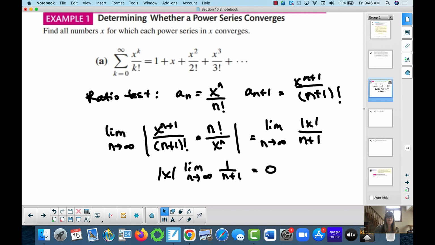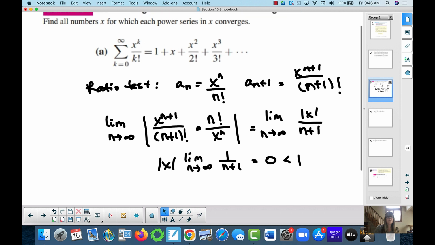So according to the ratio test, that is equal to 0, and if that limit is less than 1, then the series converges absolutely. So this is telling us that no matter what x is, any real number for x that we plug in there, we will get 0 for this limit that's less than 1.